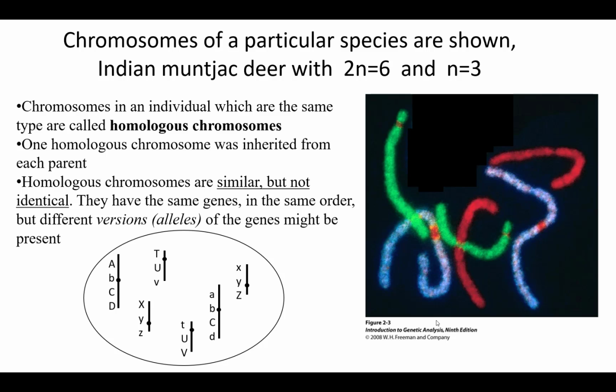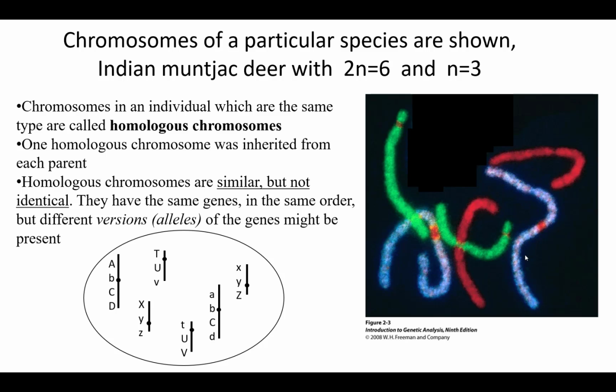There is a relationship between the 2 chromosomes that are the same. So for example, if you look at these 2 green chromosomes, those chromosomes are called homologous chromosomes. For this particular individual, they inherited 1 of those green chromosomes from their mother, 1 of them from their father.